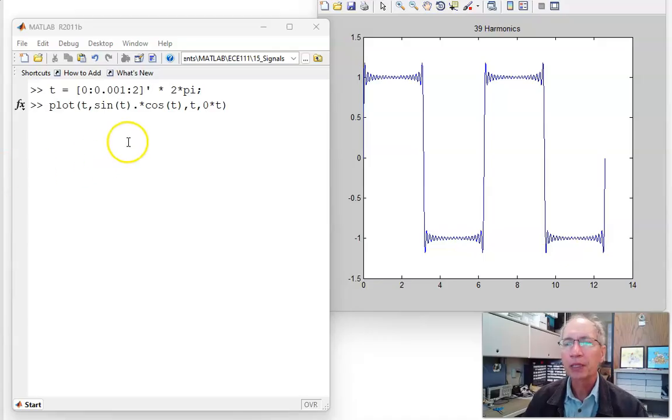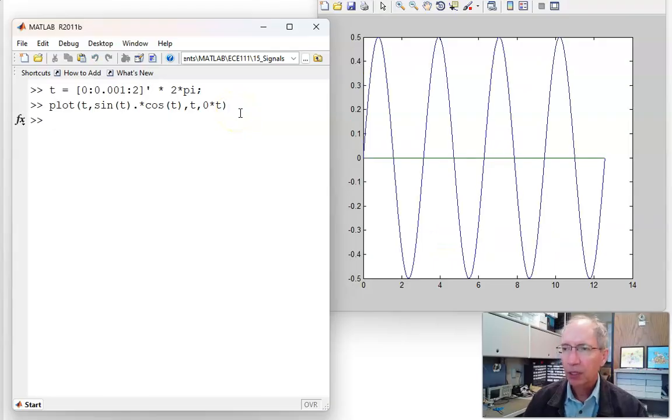Let's show that. I'm just going to plot a sine wave out to 4 pi, 2 cycles. And let's plot t versus sine times cosine. You can see pretty obviously it's symmetric about the 0 line. The average is going to be 0. Let's do sine of t times cosine of 2t.